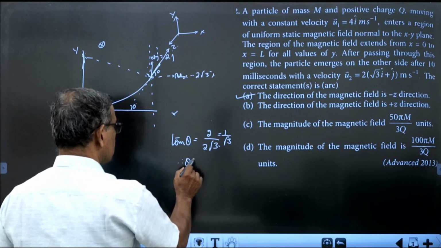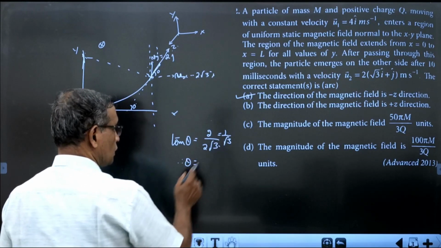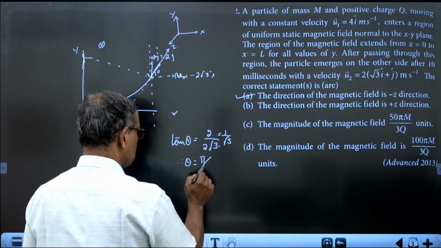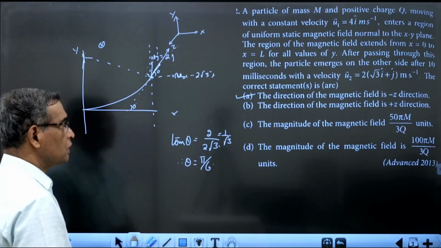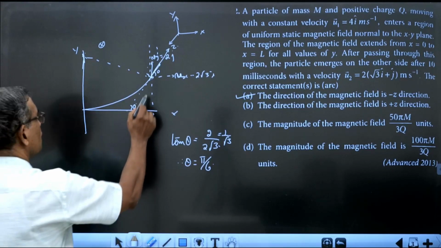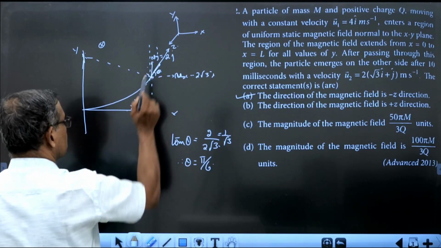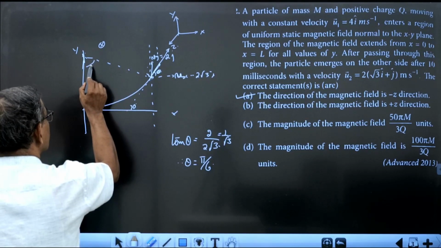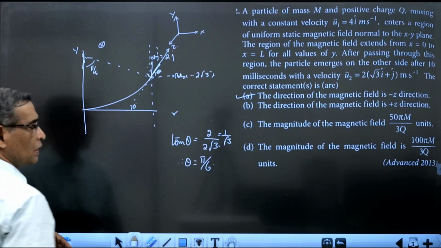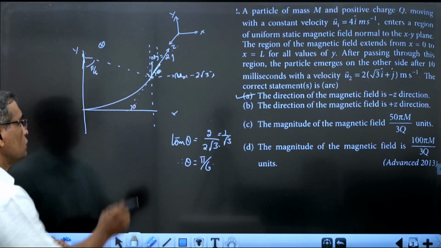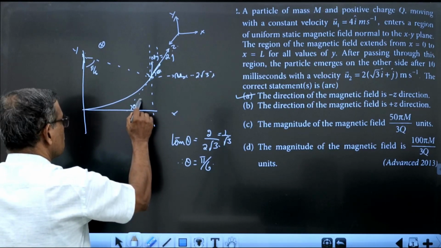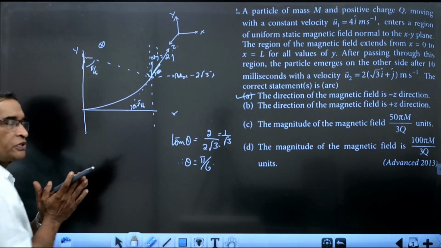Therefore, theta is pi by 6, that is 30 degrees. So this angle theta is equal to pi by 6. Then what about this angle? If this angle is pi by 6, this angle is also pi by 6.